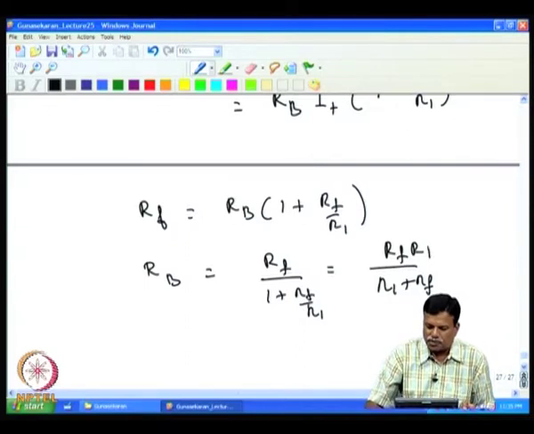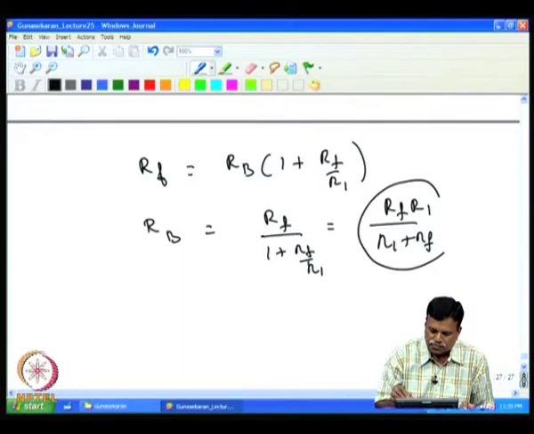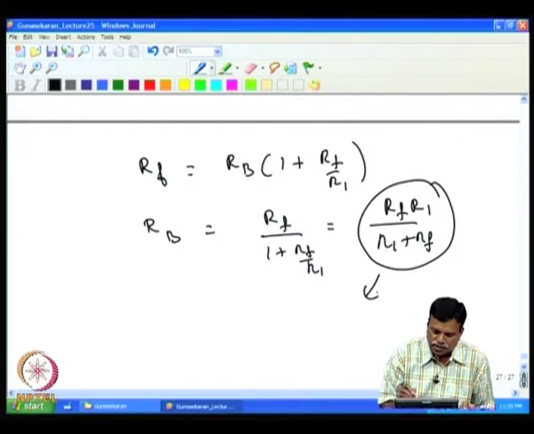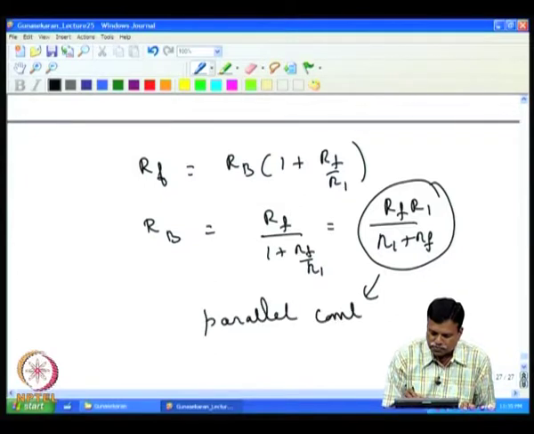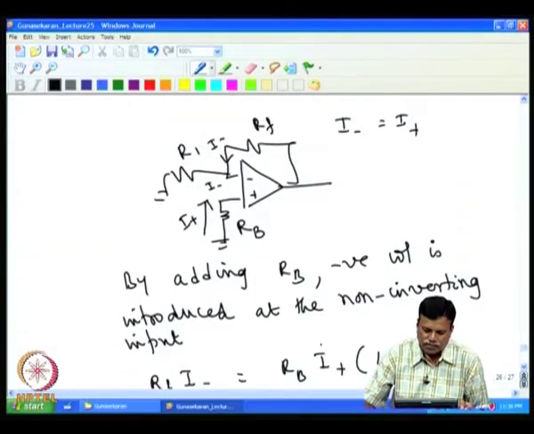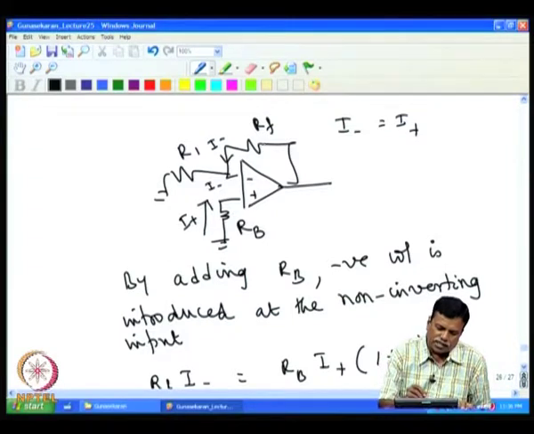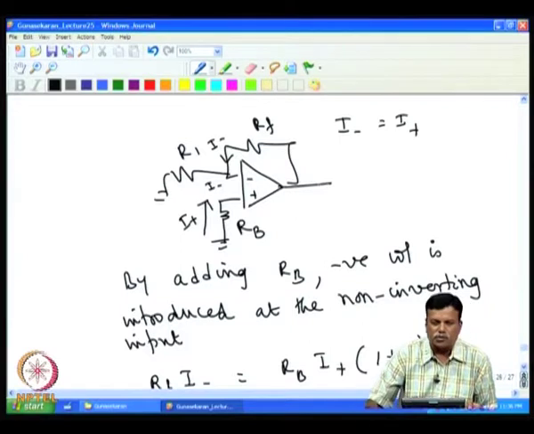So, RB will be the parallel combination of RF and R1, because this appears as a parallel combination of RF and R1. That means the RB value is to be selected such that the parallel combination of these two is added here, and that gives output voltage 0.